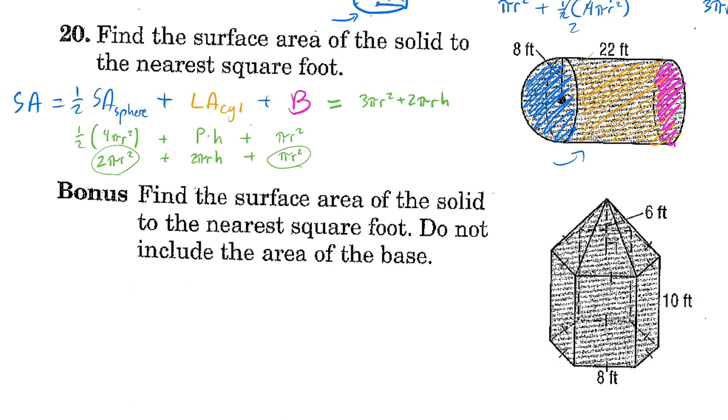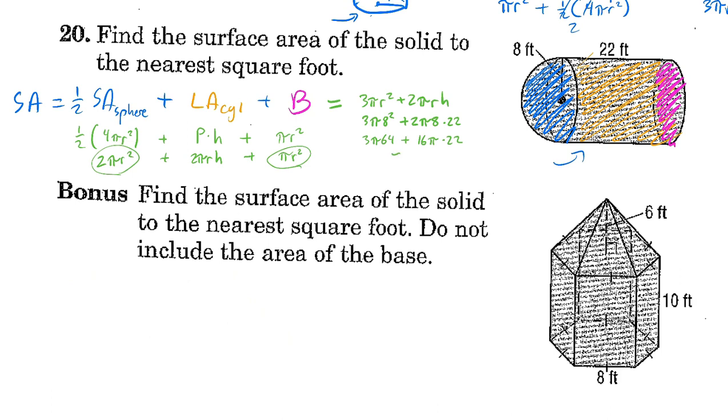So the radius is 8 and the height of the cylinder is 22. So this is 3 pi 8 squared plus 2 pi 8 times 22. So that's 3 pi times 64 plus 16 pi times 22, which I'm not going to do that double-digit multiplication in my head. Let's get a calculator. That's 64 times 3 pi plus 16 times 22 pi.